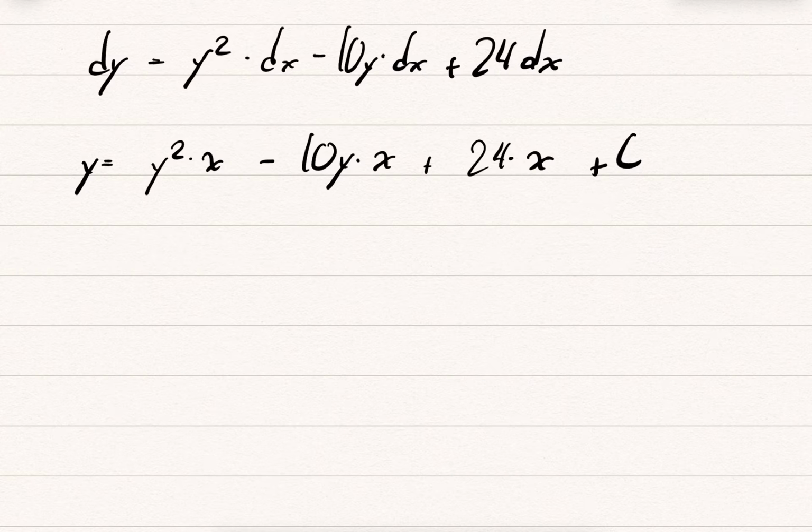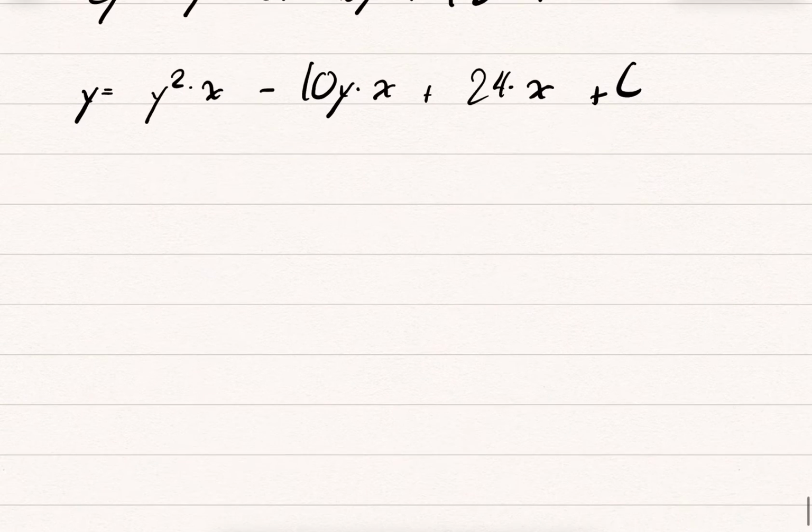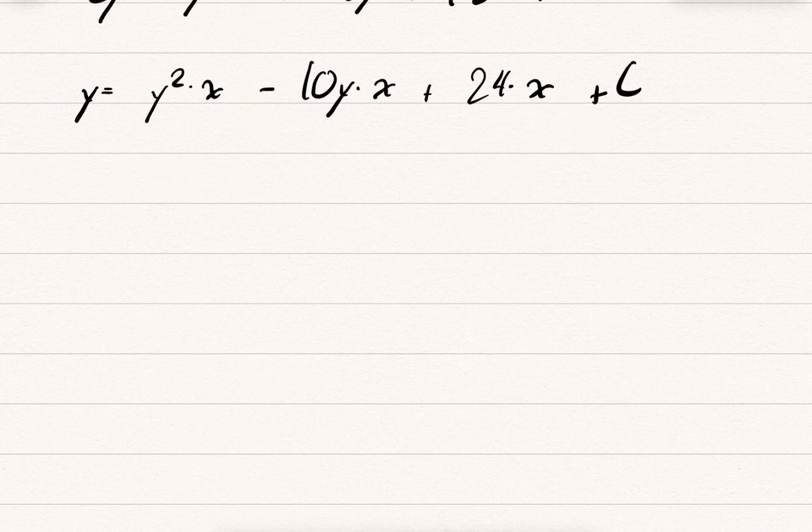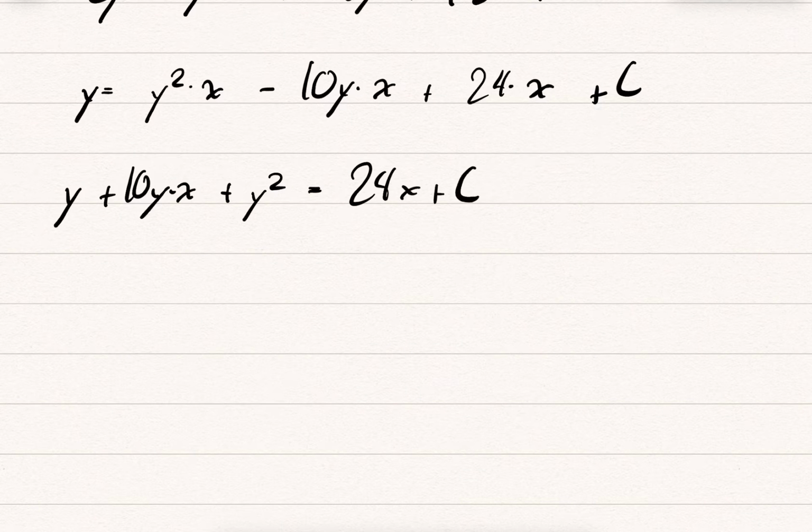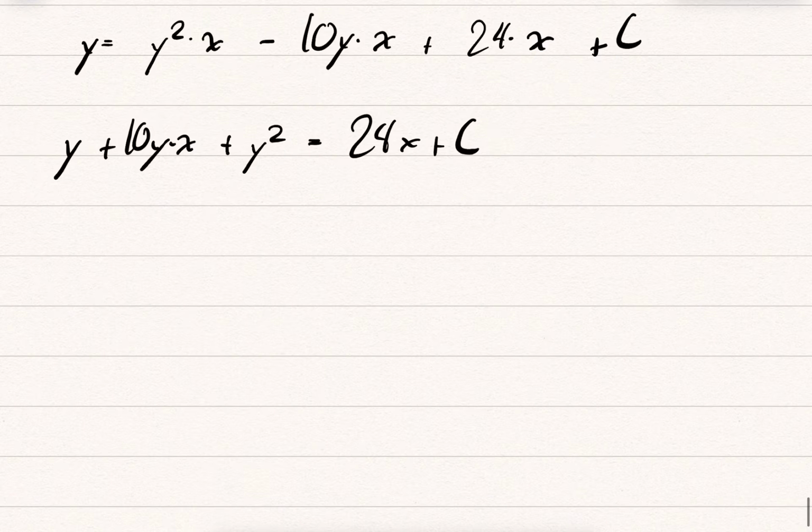The reason it's not right is, let's go with this a little bit more. We bring all the y's to one side, so we're trying to isolate y: y plus 10y times x plus y squared equals 24x plus c. First of all, I can't add these two values.